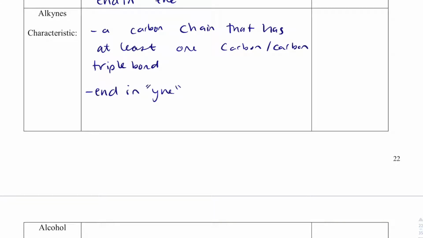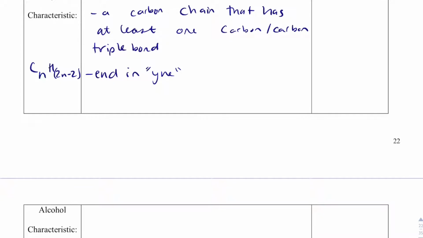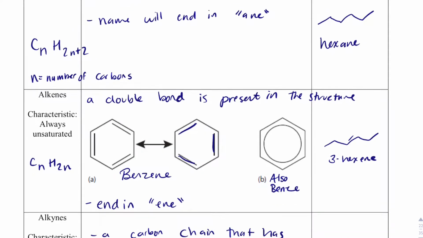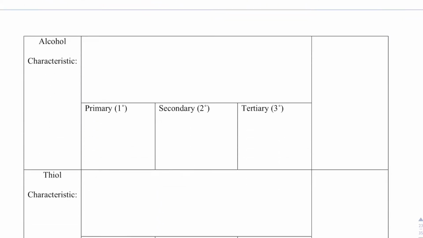If it only has one triple bond and all the rest are single bonds, we'll get the generic formula CnH2n minus 2. So we might get hexane, and then if we add a triple bond, this could be called 1-hexyne. Okay, and I'm not worried about those so much. Most people get those down, no problem.